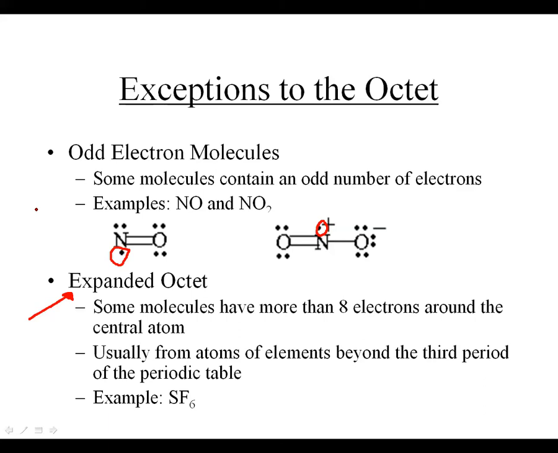If you look on the periodic table, where we usually see the ability for that to occur is right where sulfur is, kind of to the right, to the left, and down from where sulfur is. They have the ability to go over 8, which is why, if you look at Lewis structures that involve sulfur, a lot of times you'll see it going over 8. The reason they're able to do that is because of where they are on the periodic table.